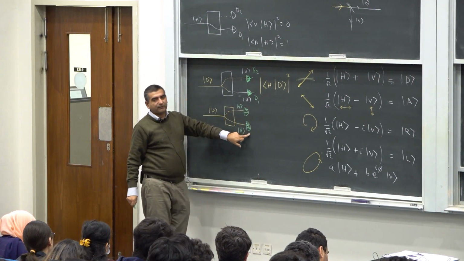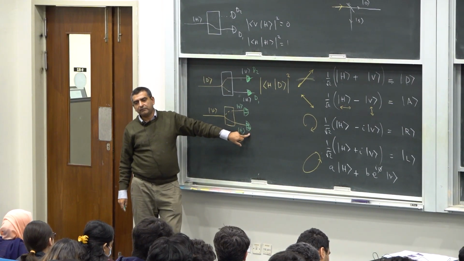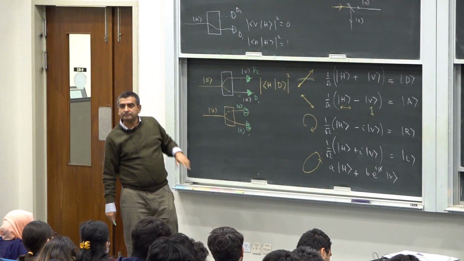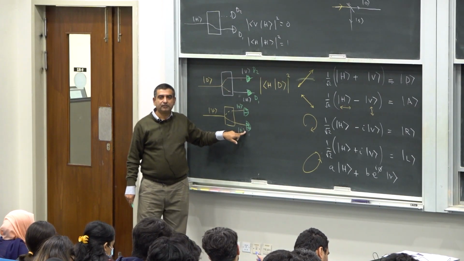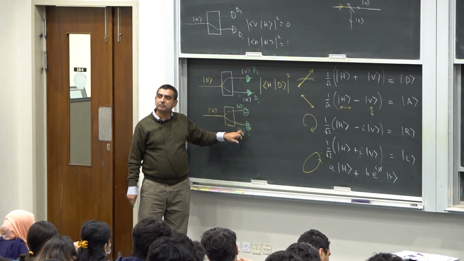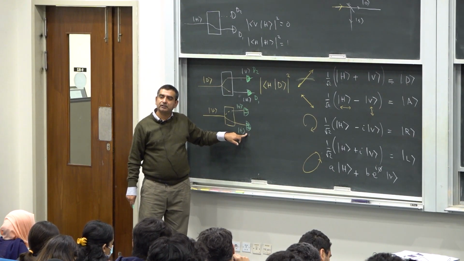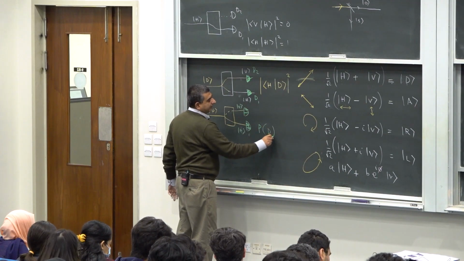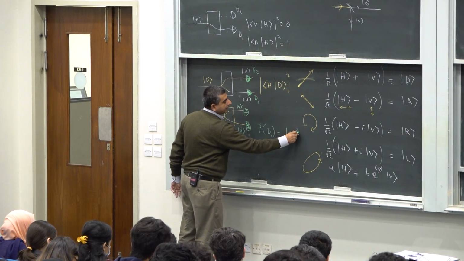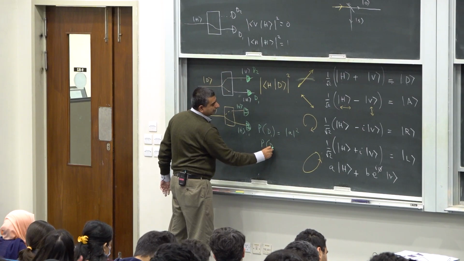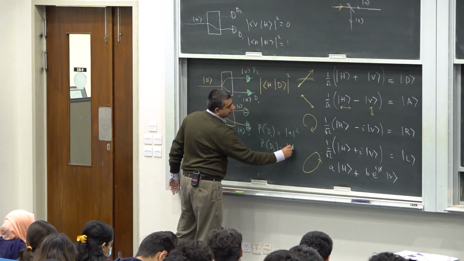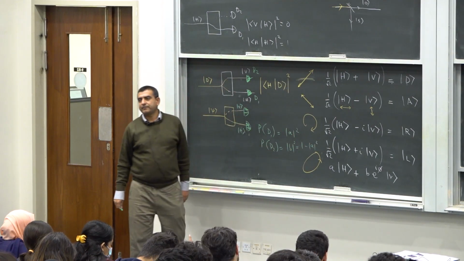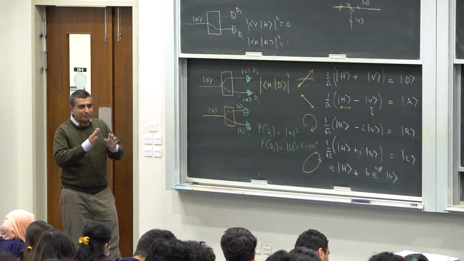What's the probability of this click? Half. If that's my quantum state, which I've written on number 2, what's this probability? A squared, A modulus squared. The probability that D1 clicks is A modulus squared. The probability of D2 clicking is B modulus square, which by the way is 1 minus A modulus squared. Correct? All right, so far so good for polarization.